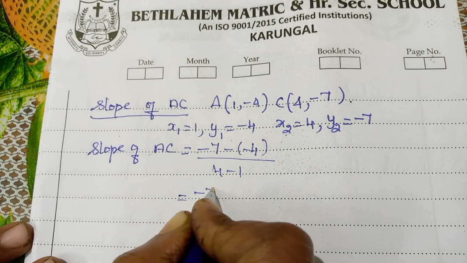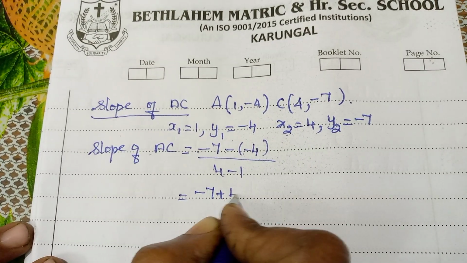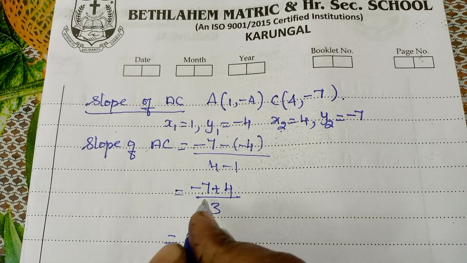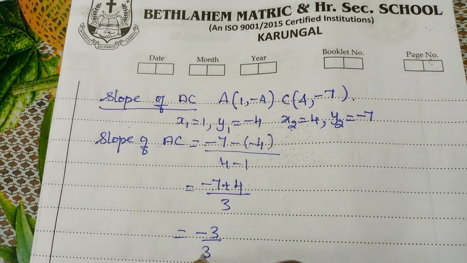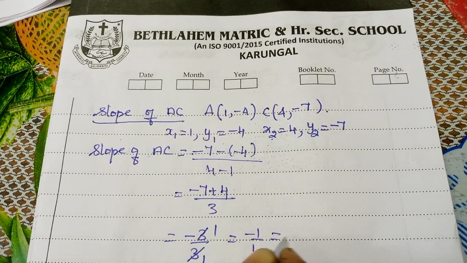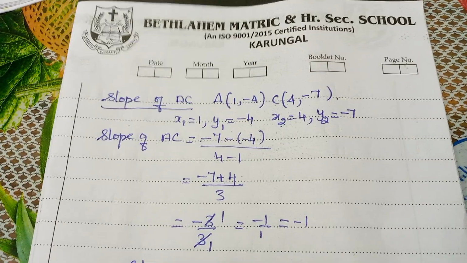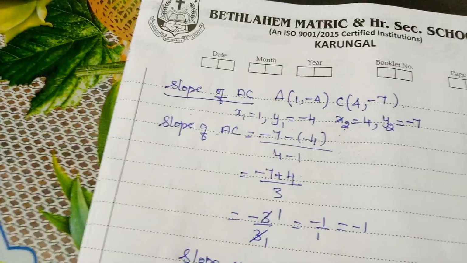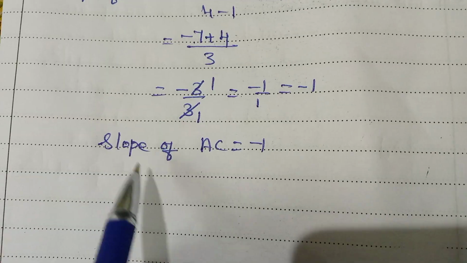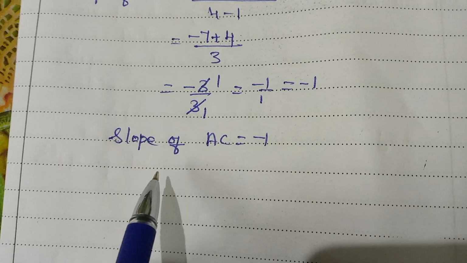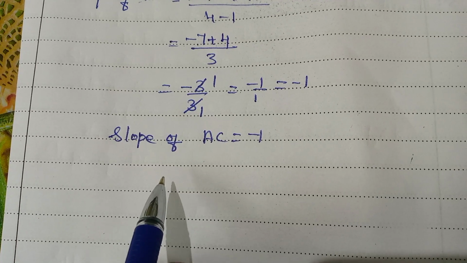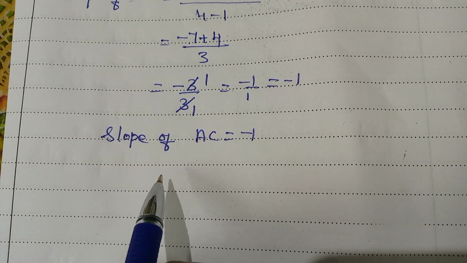Minus into minus plus 4 divided by 4 minus 1 is 3, which is minus 7 plus 4, we have minus 3 by 3. 3 can be cancelled, so minus 1 by 1 is equal to minus 1. So slope of AC is equal to minus 1. Let us check the slopes. Slope of AB equal to 1, slope of BC equal to minus 2, slope of AC equal to minus 1. What we have to prove?